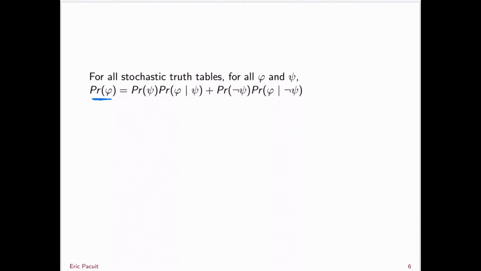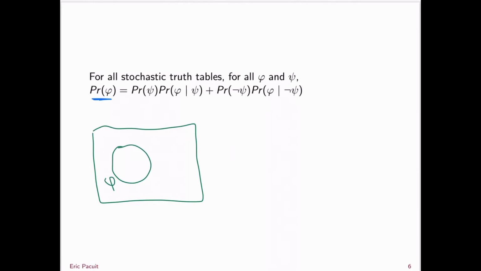So in a picture, if we were to draw phi, so here's phi, and we have some other formula psi, so here's some other formula psi. Well, phi and not psi is this red region right here, and the blue region is going to be the phi and psi region.